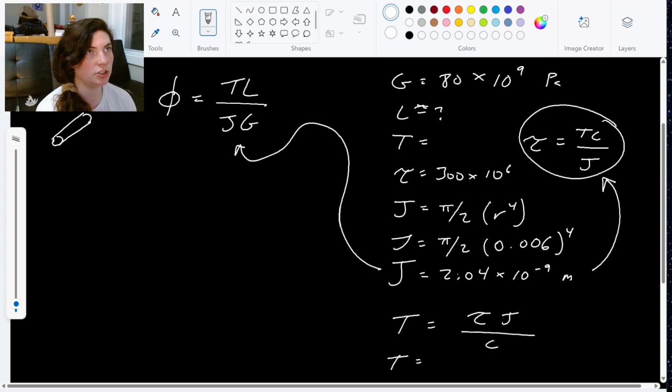It gave me shear stress 300 times 10 to the 6th. My polar moment of inertia 2.04 times 10 to the negative 9th.